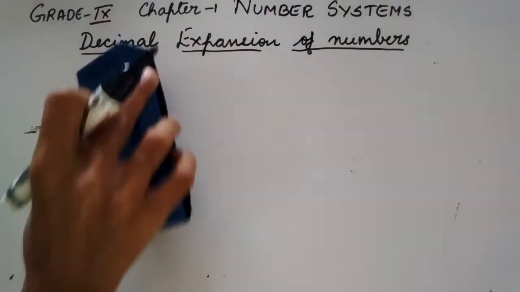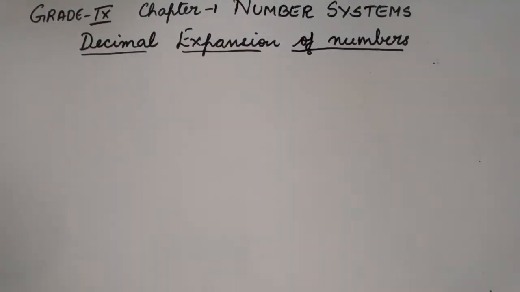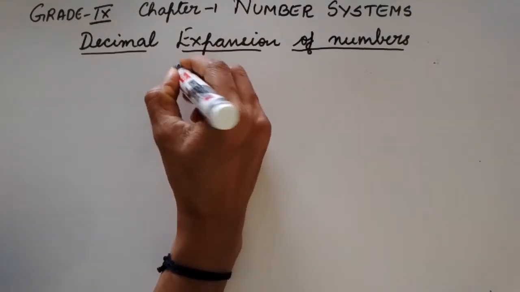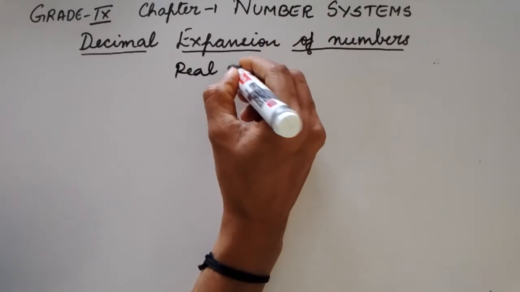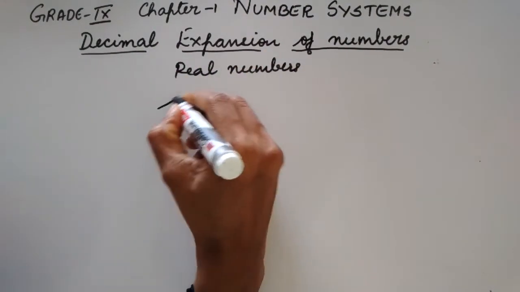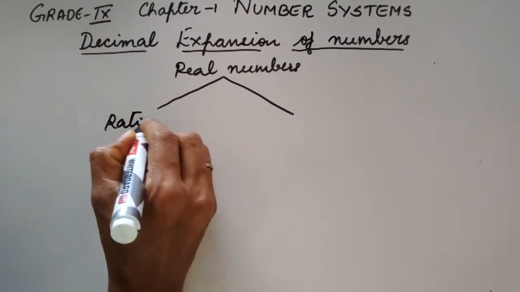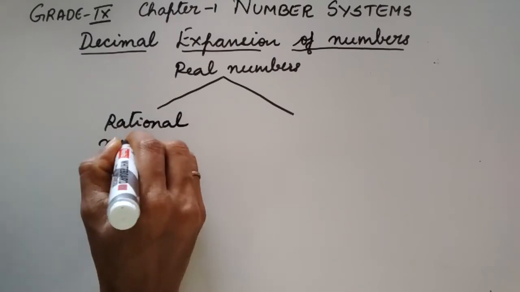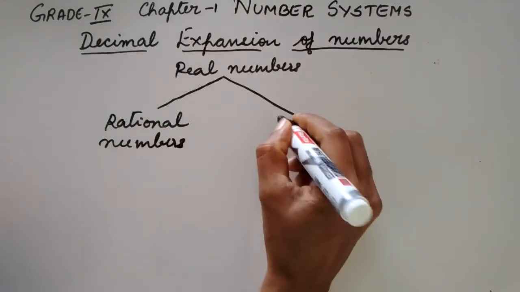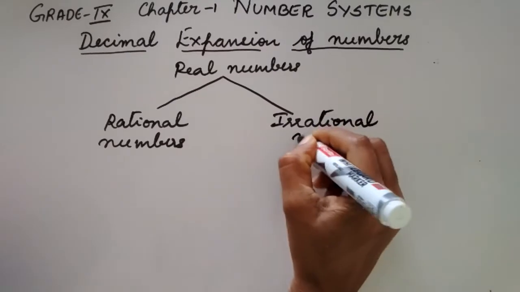Now, we learned all three types of decimal expansion of numbers. Now we all know that real numbers are categorized into two types, that is the rational numbers and irrational numbers.